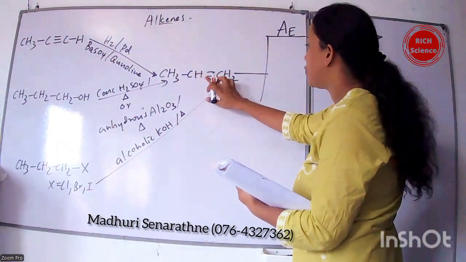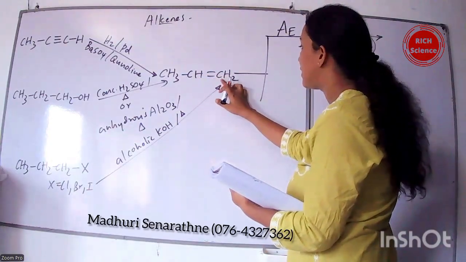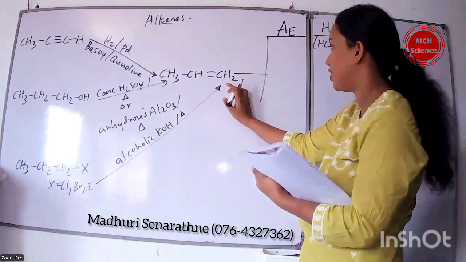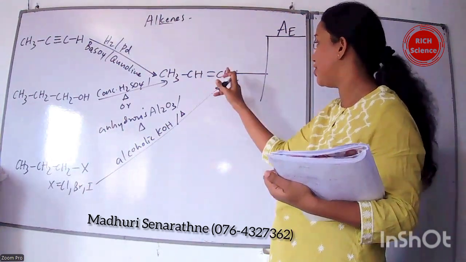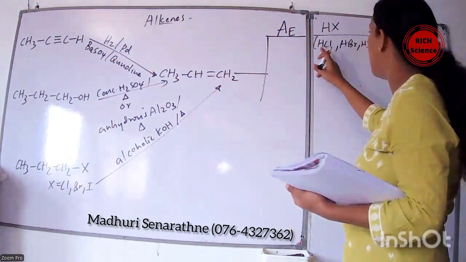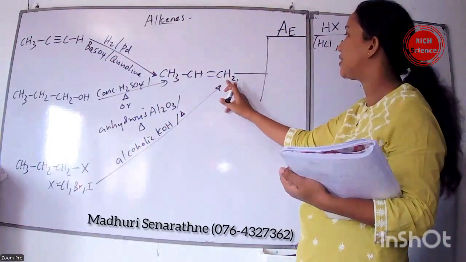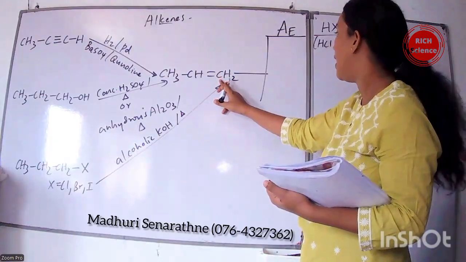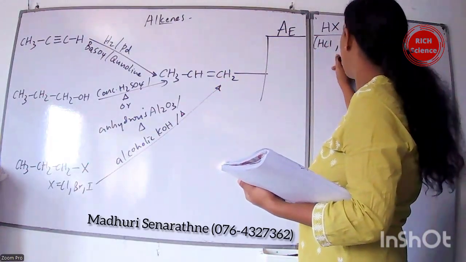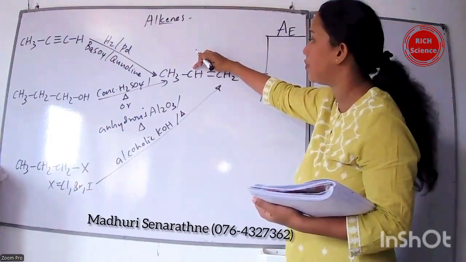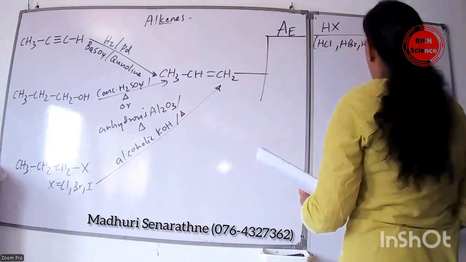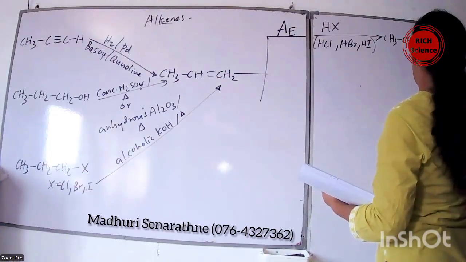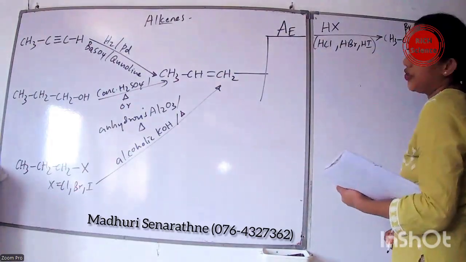Between these two carbons, here one hydrogen, here two hydrogens. Usually this hydrogen adds to this carbon, which means the carbon with more hydrogens. Therefore, this halogen atom, bromine, chlorine, or iodine, has to go to this carbon. So like this, CH3, CHBr, CH3.